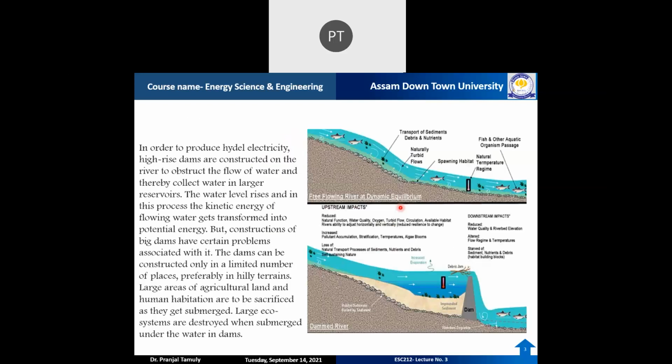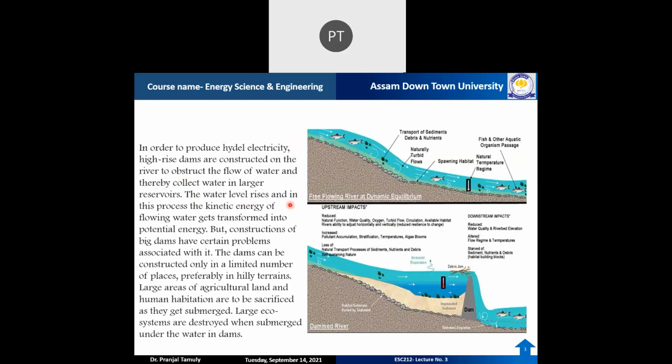There are a few consequences of constructing a dam on a river. In order to produce hydroelectricity, high-rise dams are constructed on rivers to obstruct the flow of water and thereby collect water in larger reservoirs.